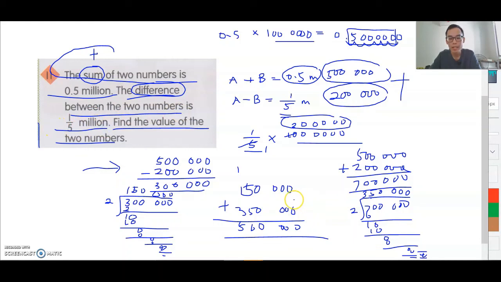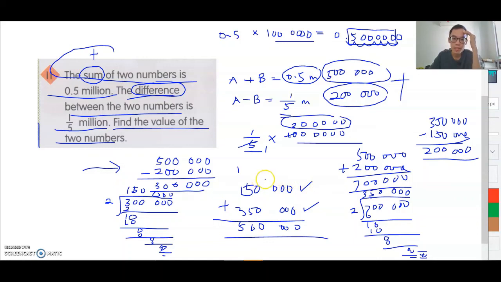So when we minus them, do we get 200,000? You take the bigger number, 350,000, minus the smaller number, 150,000. Yes, we get 200,000. So we get the answer since it fulfills both criteria. One of the numbers is 150,000 and the second number is 350,000.